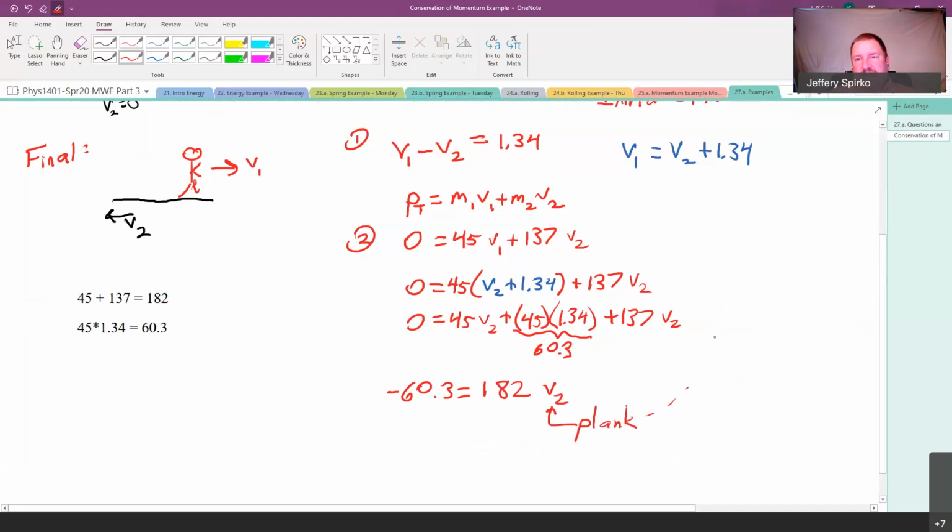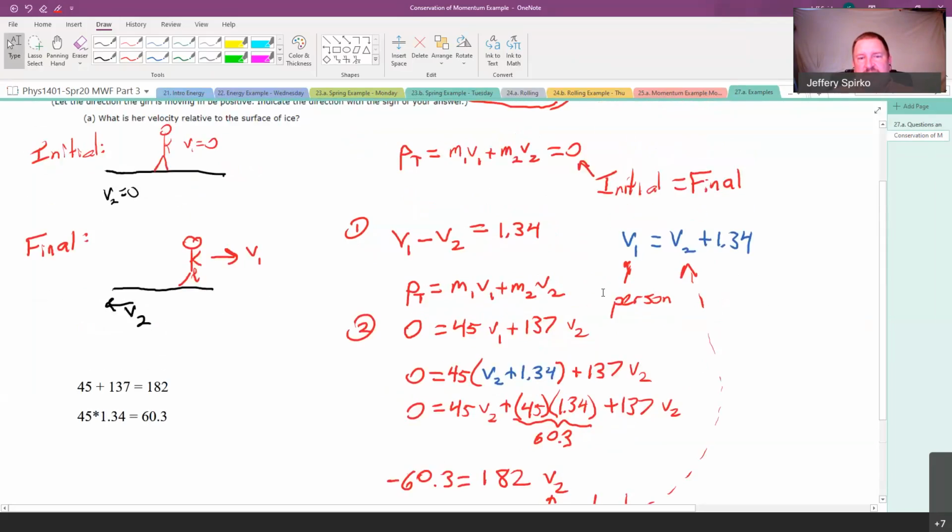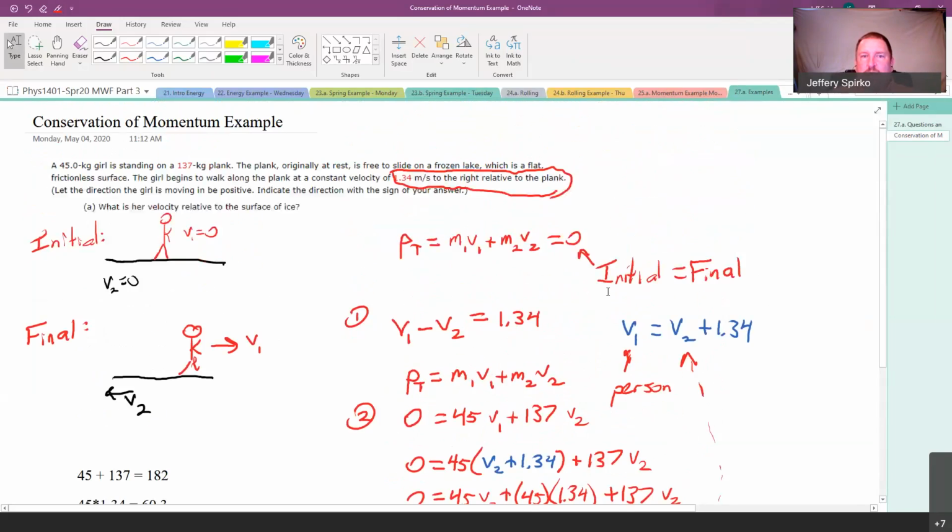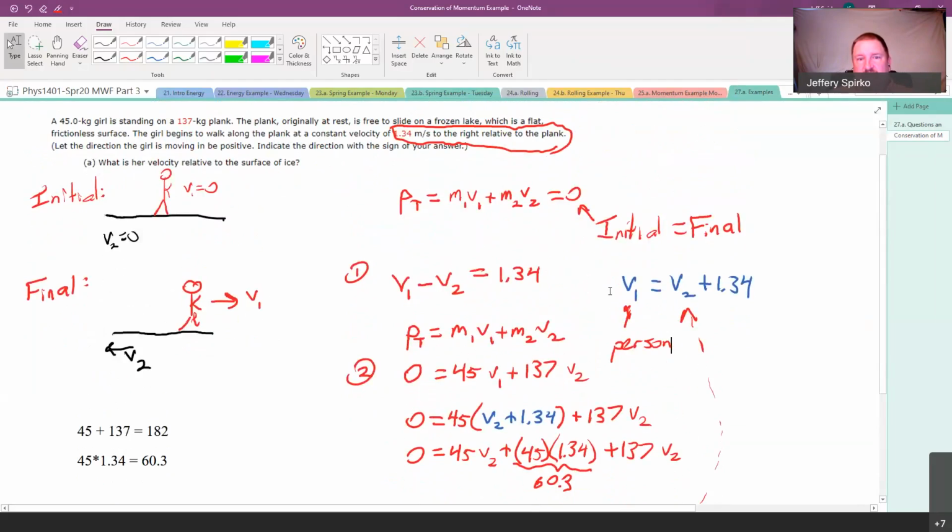And then we take that and put it up in there to get the person's velocity. So the key here was to realize what this 1.34 actually means, and it is the difference of two velocities, by a raw subtraction.